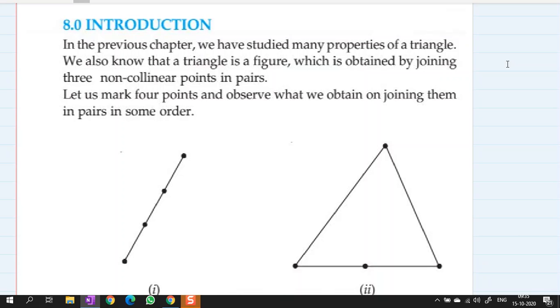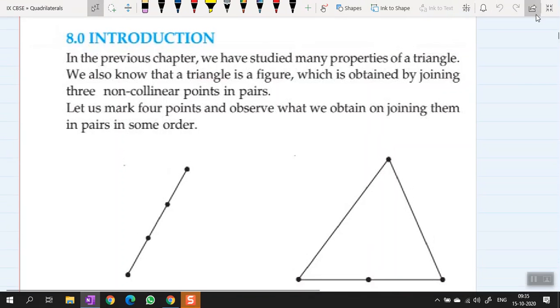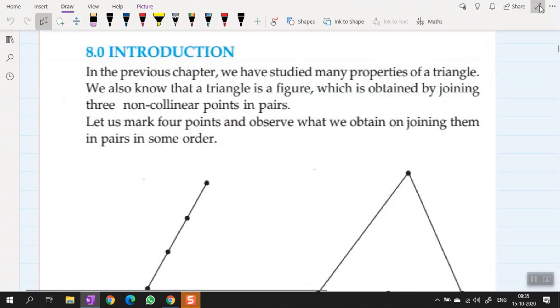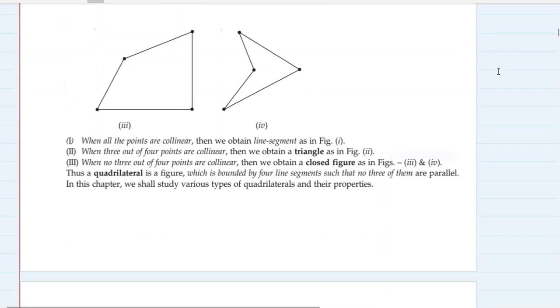Only thing is that the geometrical aspect of quadrilateral is slightly different from triangles because it has got various types. Unlike triangles, triangles are only of, you can say, three types: scalene, equilateral, isosceles. But quadrilaterals are of many types, so we are going to study them in detail.